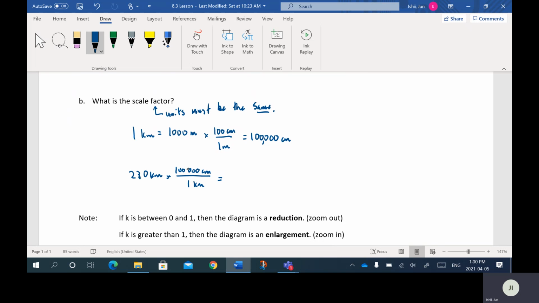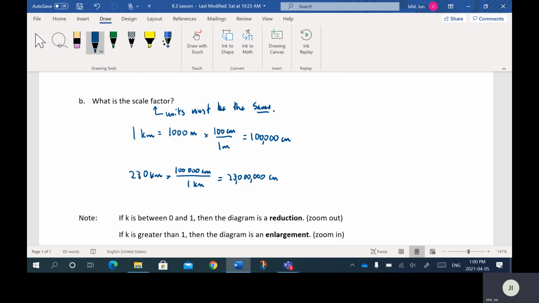So 230 kilometers would be 23,000,000 centimeters. I just want to put the commas in the right place. As it turns out, 230 kilometers is 23 million centimeters.